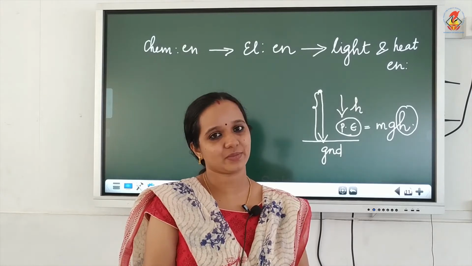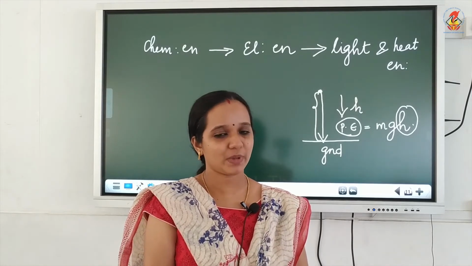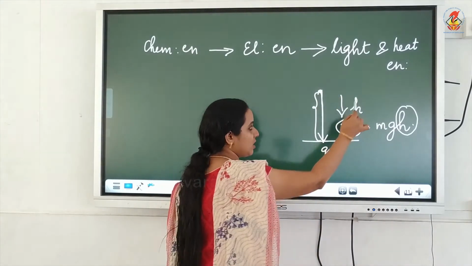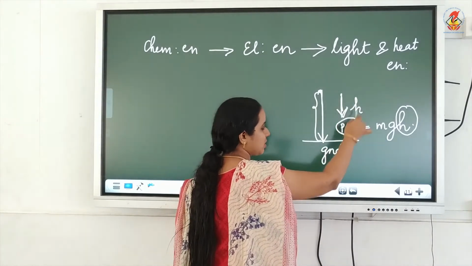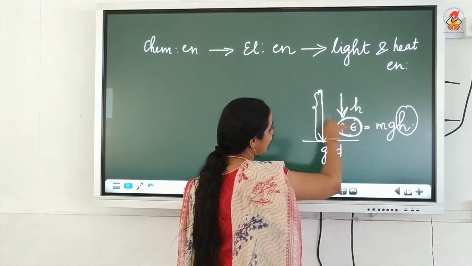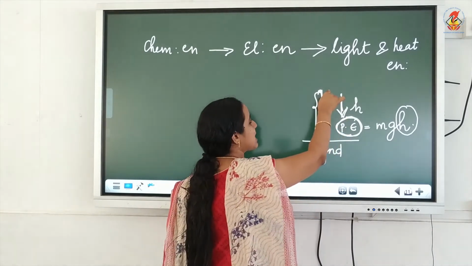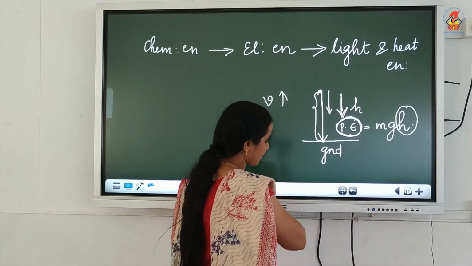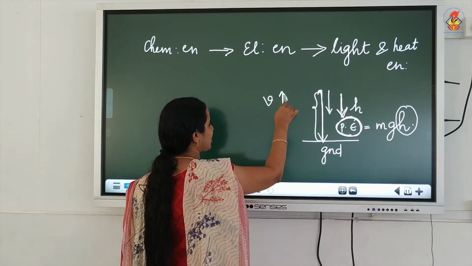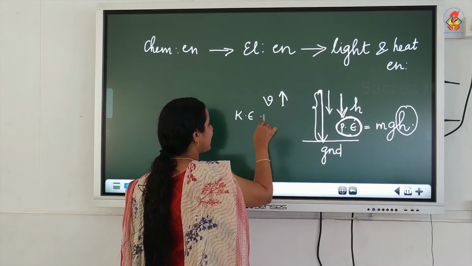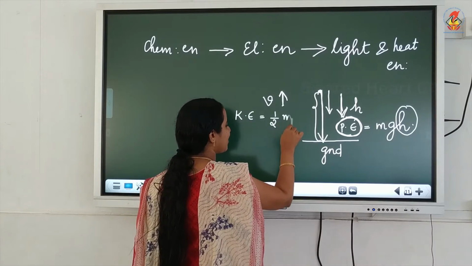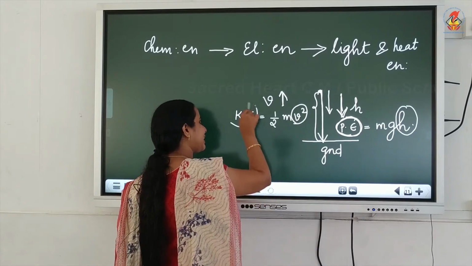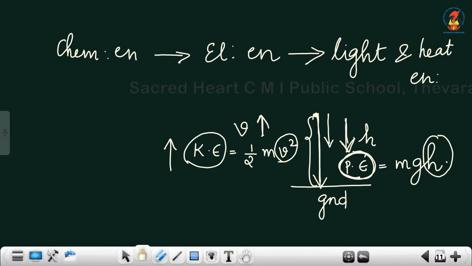That is the question. The answer is no, because as the object falls down, the height gets reduced, which decreases its potential energy. But as an object moves down, its velocity will increase. When velocity increases, we know that kinetic energy is equal to half mv square, so kinetic energy also increases.